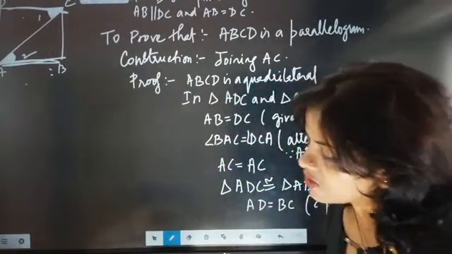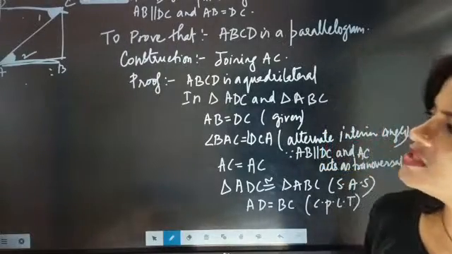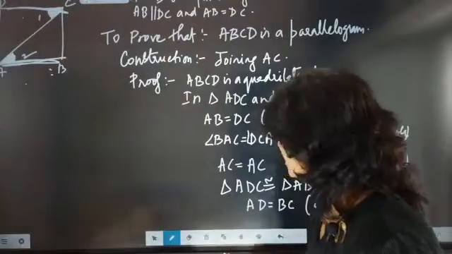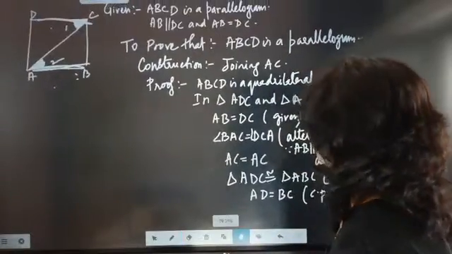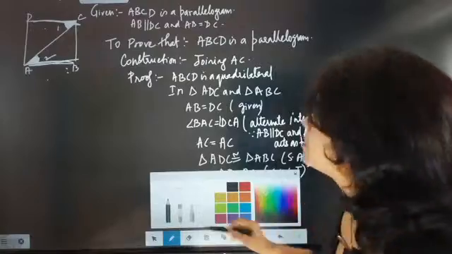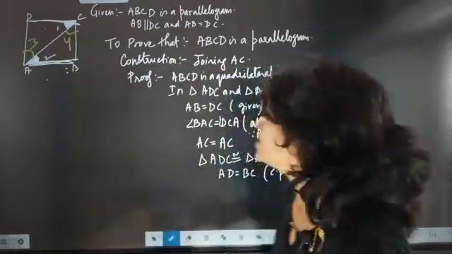So now line AC is also intersecting, AD equal to BC. Once you are writing AD equal to BC, shall we also make these two angles equal? I am going to make this angle 3 equal to angle 4 by CPCT.